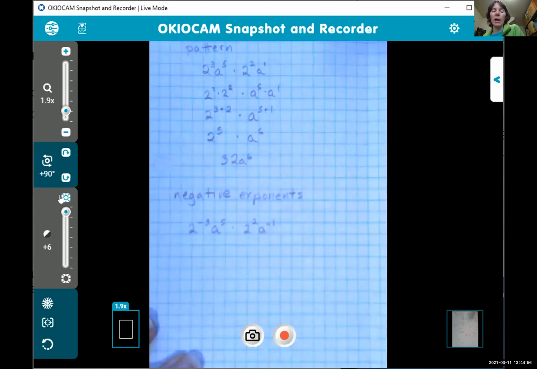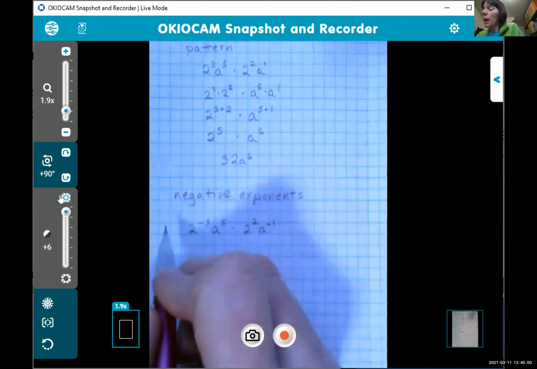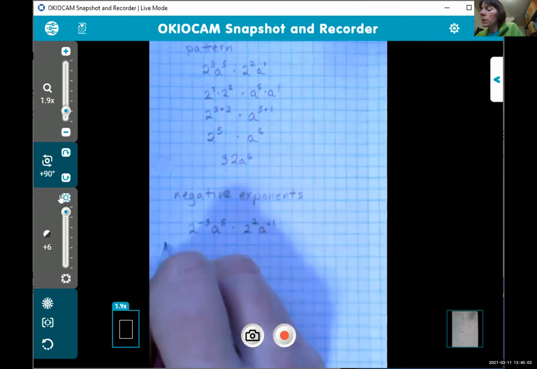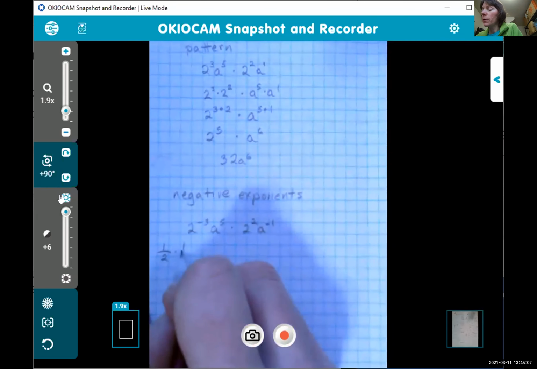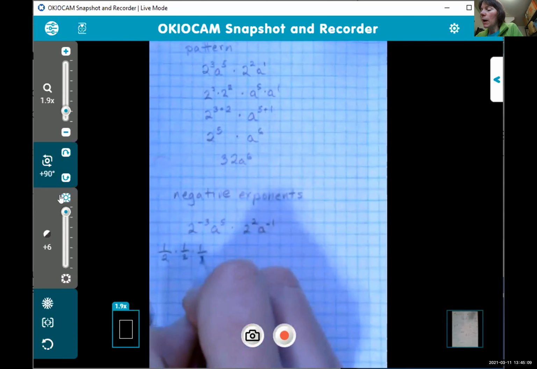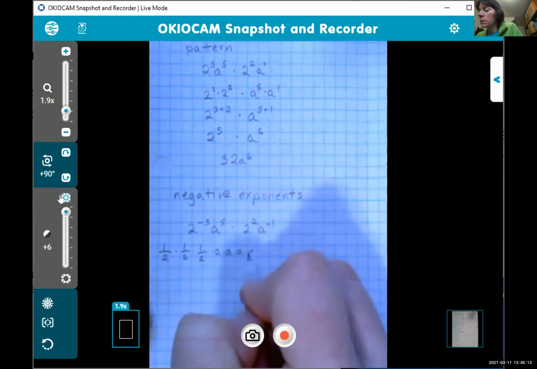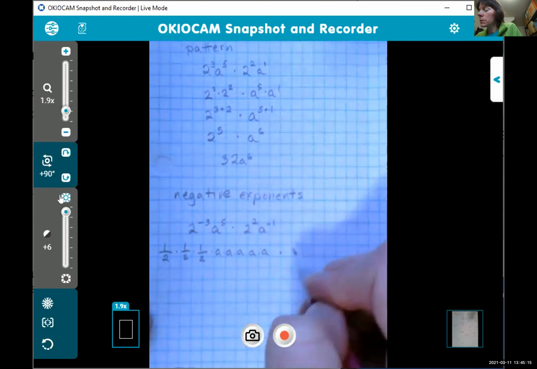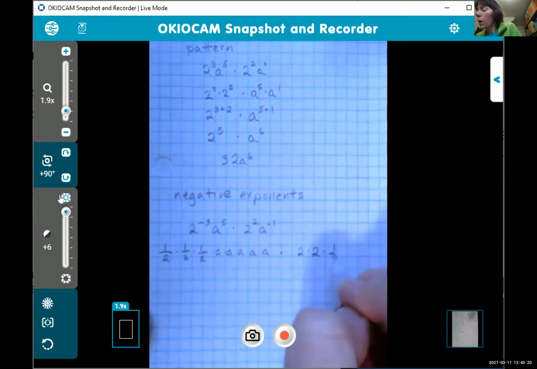So now we have those negative exponents mixed in. I'm going to write this one out with expanded notation, but I'm going to do it a little bit abbreviated. We know that 2 to the negative first is 1/2. So I have 3 1/2's here, and I have my 5 a's times 2 2's and a 1 over a.